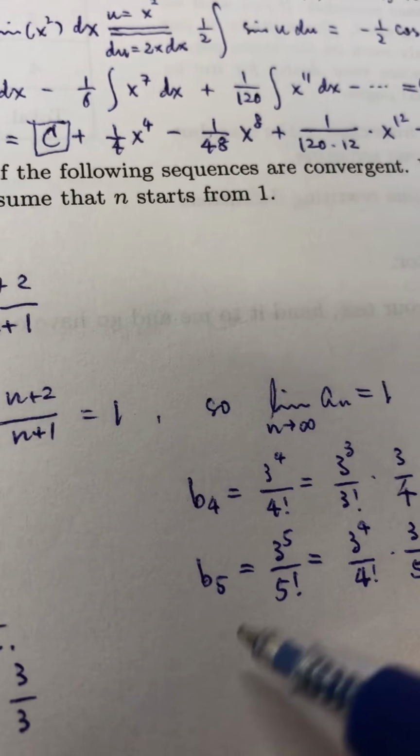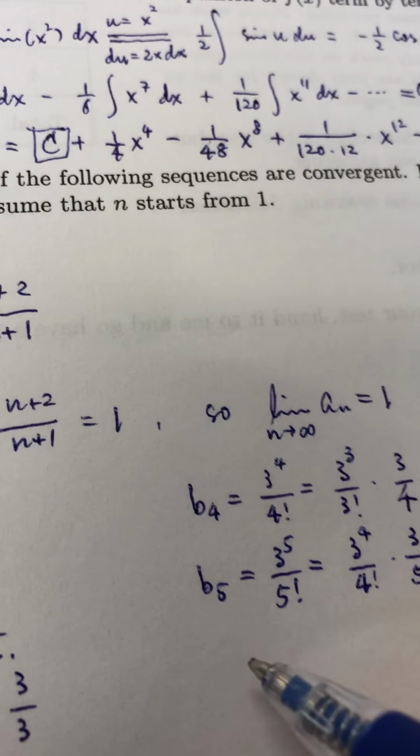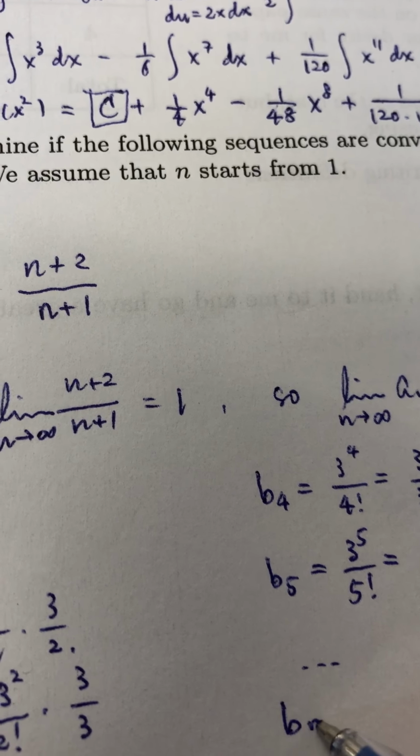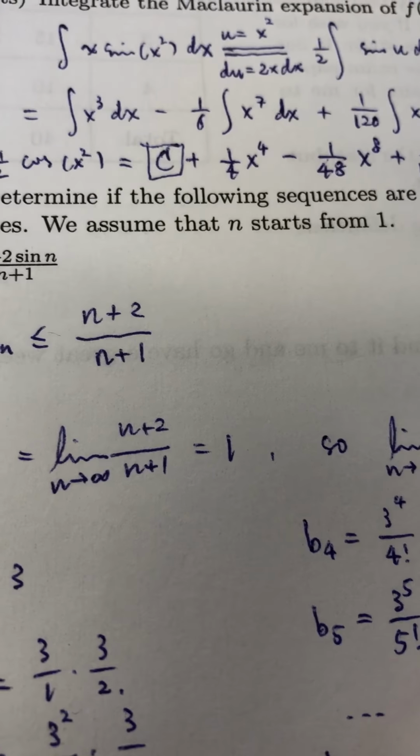So now you can make a conclusion and say that bn, the sequence, decreases when n is greater than 3. So the first part of this argument is done.